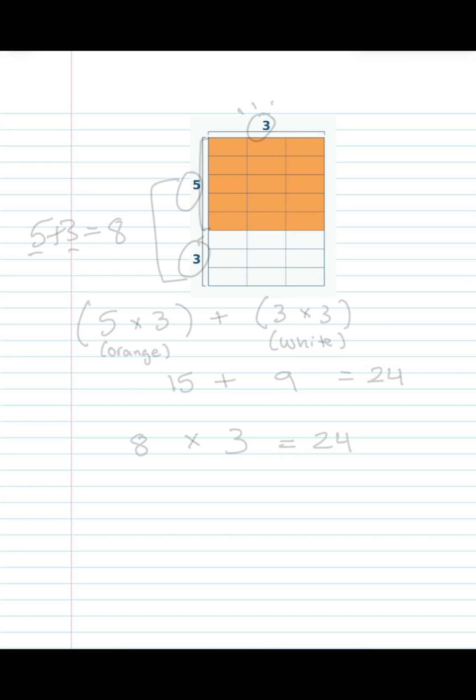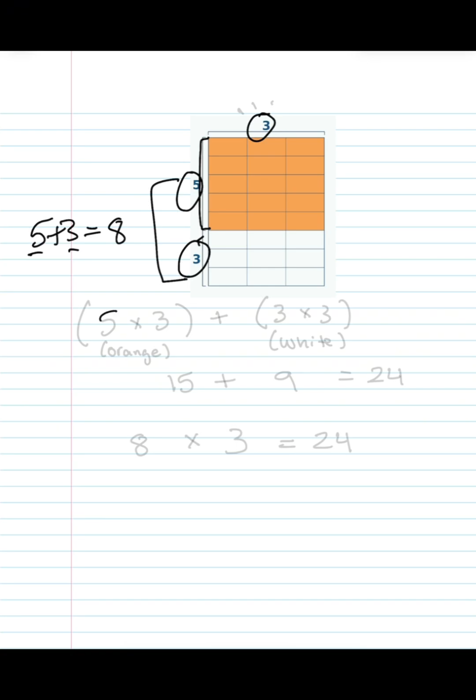So here, let's say you've only learned up to your 5s in multiplication facts, but here you have a shape that's 8 rows and 3 columns, and maybe you haven't learned 8 times 3 yet, so you can't compute the total, but you know 8 is 5 plus 3. So you can calculate the area of 5 times 3 and then add it to the area of 3 times 3. So this is kind of using the example in the previous problem where you had two areas and then you add the areas to get the total.